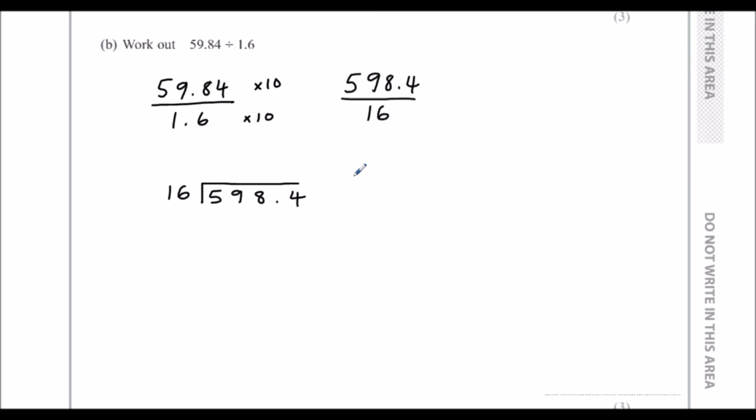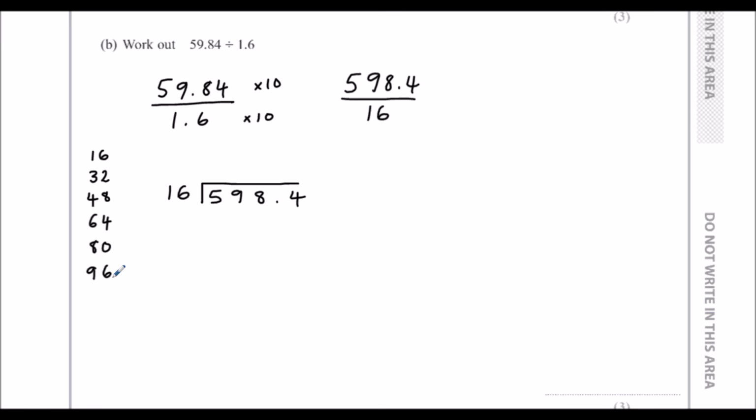598.4. It might be useful to write our 16 times table down. That's quite a difficult one. So 16, double it, 32, add on another 16 for 48. Then add on another 16, will be 64. 5 times 16 now, that's 80. 6 will be 96.